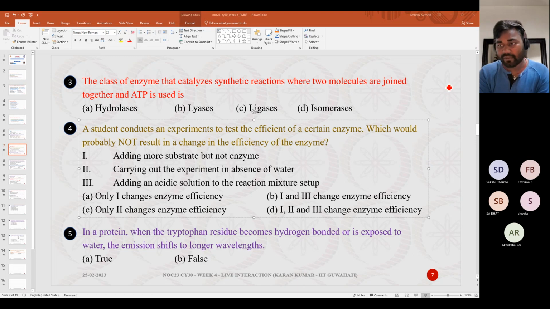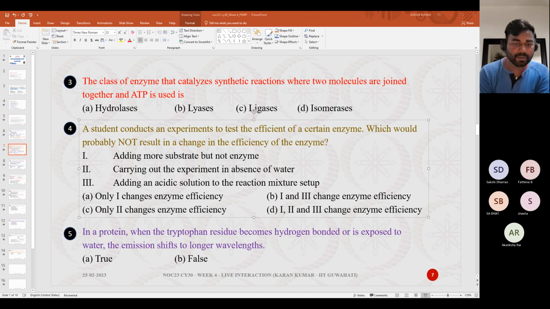But once it goes in this direction, here the substrate concentration is much more than the Km. At the higher substrate concentration, the velocity or rate of the reaction is independent of the substrate concentration, and it follows zeroth order kinetics. So here the velocity of the reaction is Vmax.